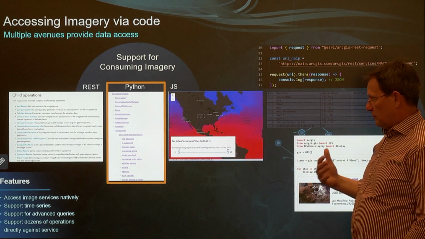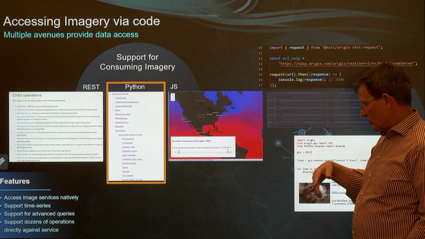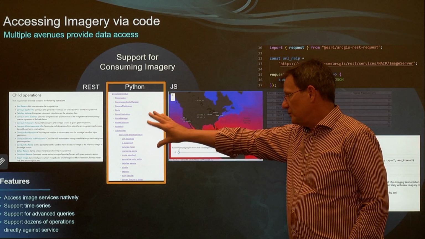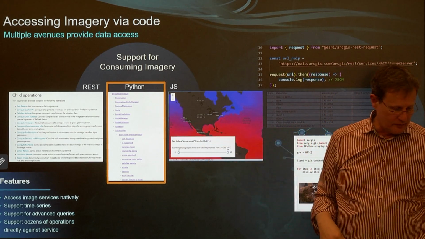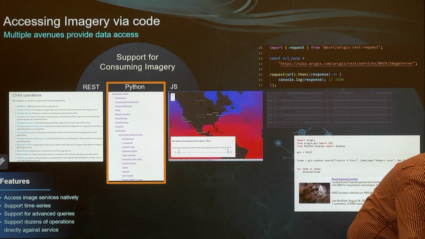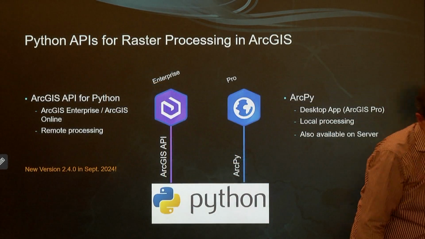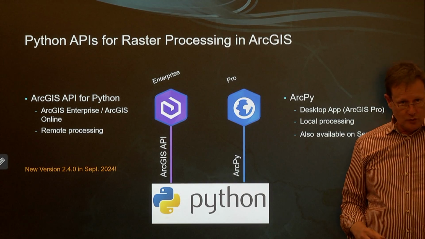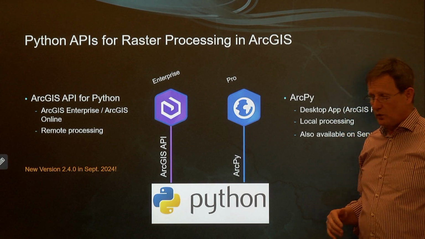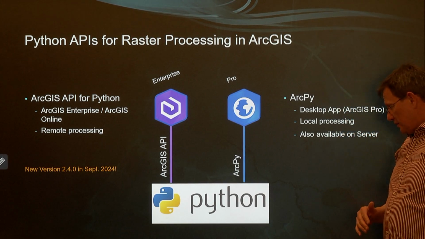The one that, besides me not being a JavaScript programmer, has the most options, is the different levels of Python integration that we have and that you could use to do certain things. There are two Python environments that are separate, with a huge overlap, but separate, that you have to know about.